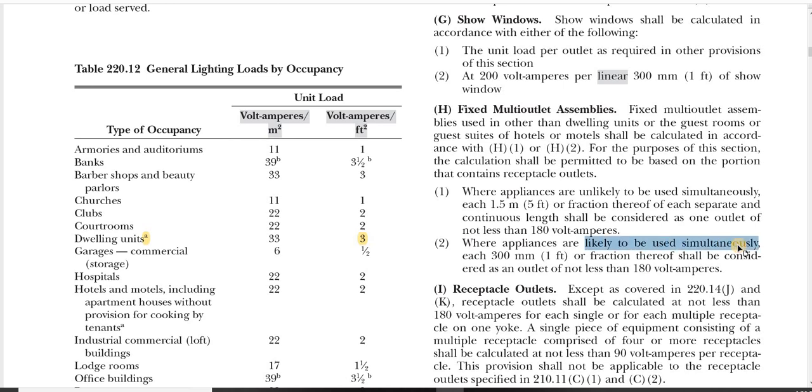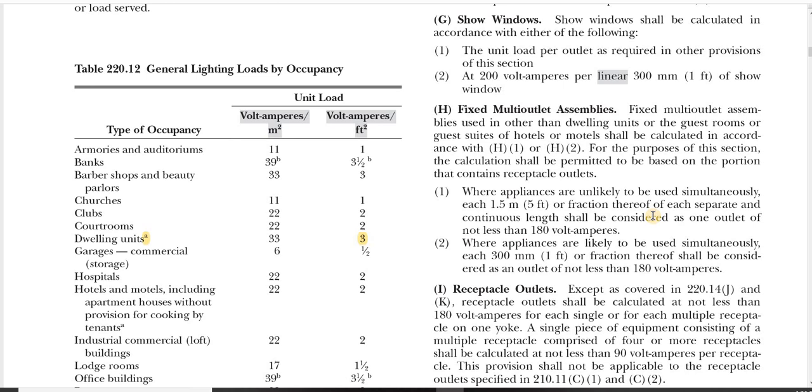So any one of those receptacles could be used at any given time simultaneously. And then the next one, we have 50 feet that are not likely to be used simultaneously. They're just at random. Only you're going to know which is which, and if you're taking an exam, they're going to tell you whether or not to consider it simultaneous use or not simultaneous use.